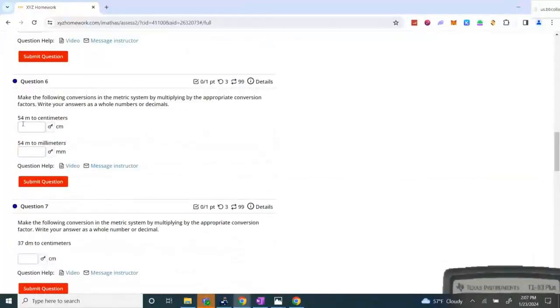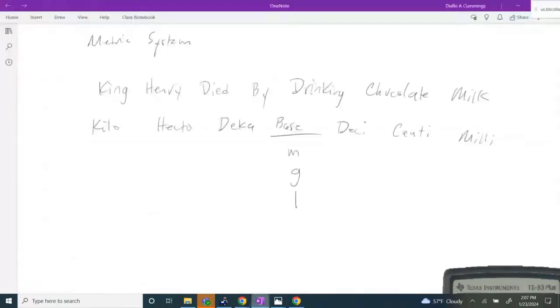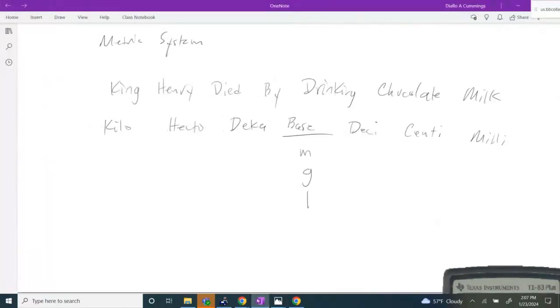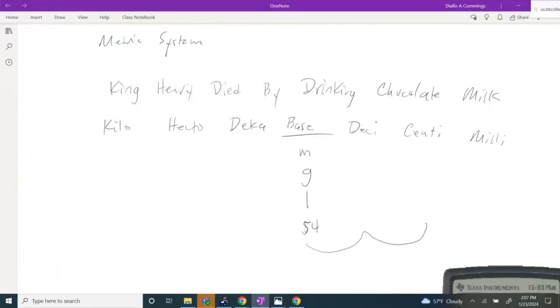So this first one says convert 54 meters to centimeters. If I wanted to convert 54 meters to centimeters, I can write that in as 54, and I have to move that decimal 2 places to the right to move from my base of meters to centimeters.